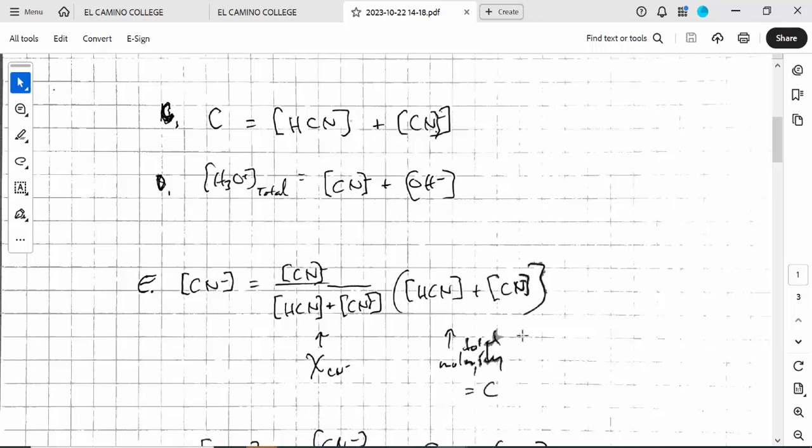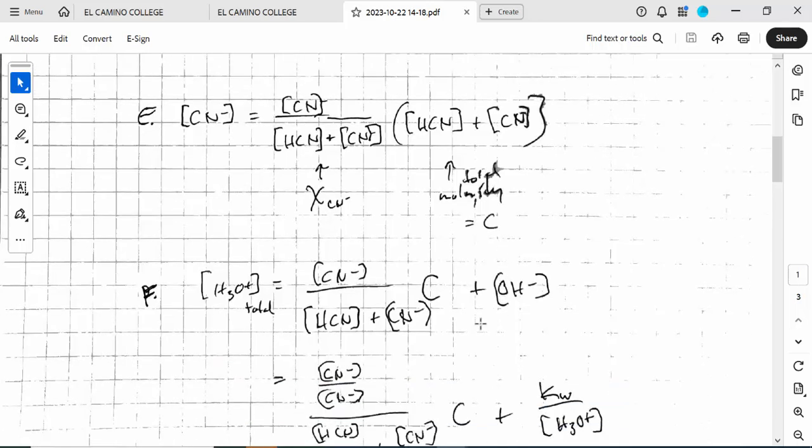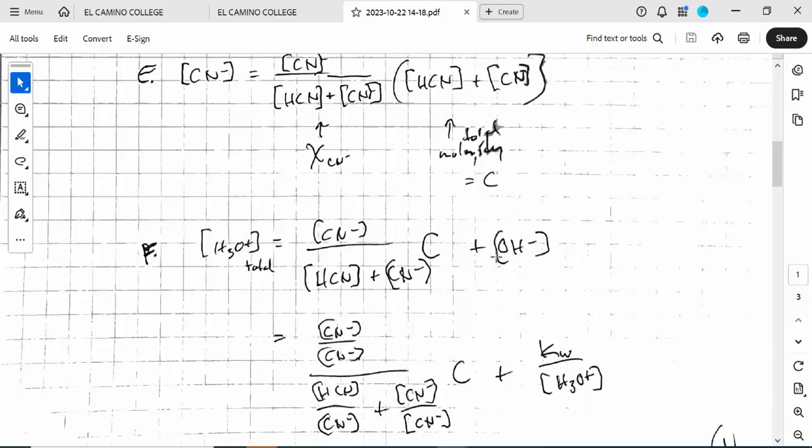The cyanide is going to be a fraction of the total molarity here. This is another algebraic trick. And then the hydronium concentration we can rewrite like this. The whole reason we're doing this is to make the math easier. Otherwise, the math is going to be very difficult. You're already thinking the math looks horrendously convoluted as it is, and so it doesn't look so easy. So we do the same thing here.